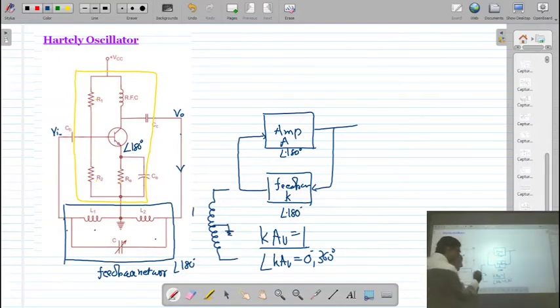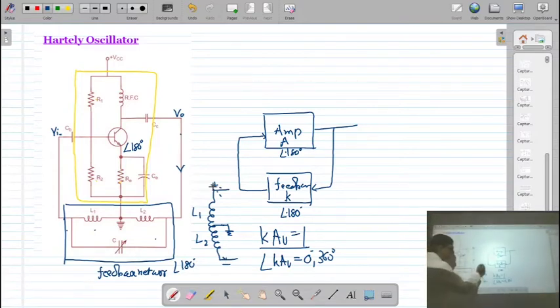And we can say that this part is L1 and this part is L2. Then with respect to ground, whenever we have a positive cycle at this end of the transformer, there will be a negative cycle at this end of the transformer. This means there is a 180 degree phase shift between the upper terminal and the lower terminal of the transformer.